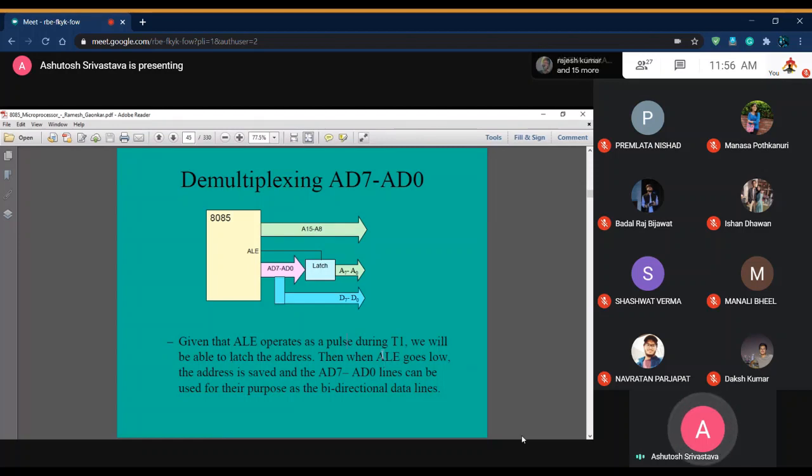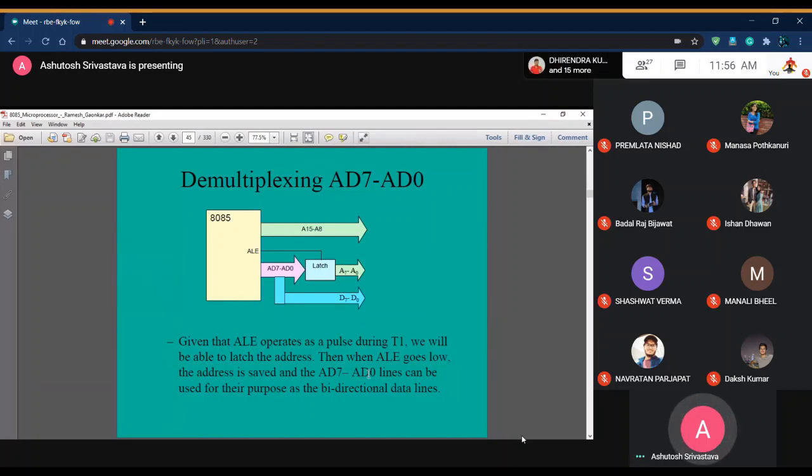Then when your ALE goes into a dormant state or the low state, the address is saved and the AD0 to AD7 lines can be used as a data line.